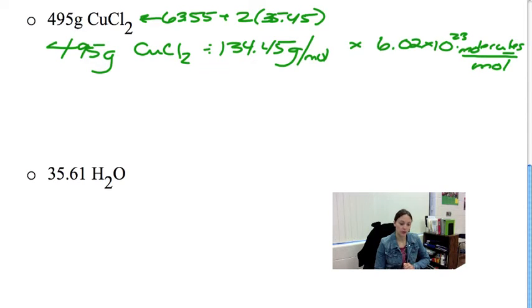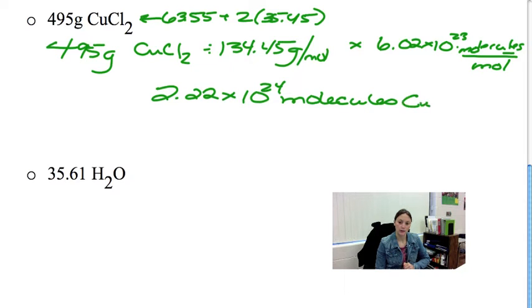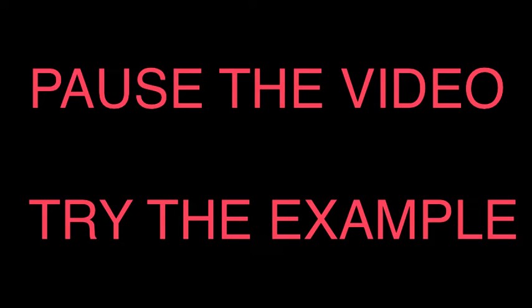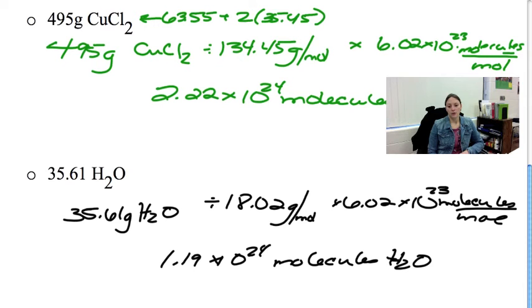You should get an answer of 2.22 times 10 to the 24th molecules of CuCl2. Go ahead, try the last one here with water, and then check your answer when you get done. Now you should get 1.19 times 10 to the 24th molecules of water. If you did not, look at my work and figure out where you went wrong.